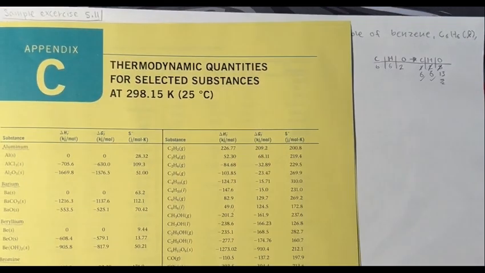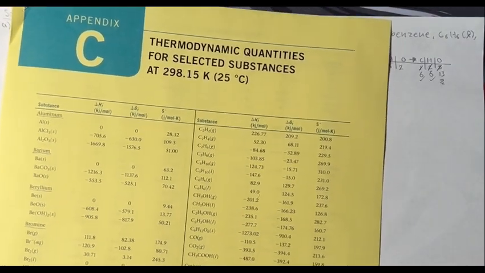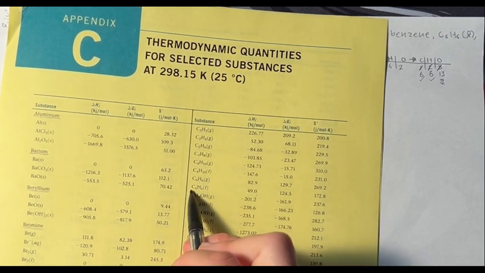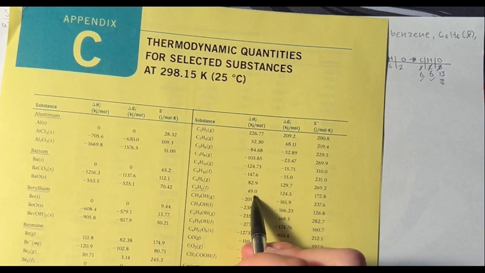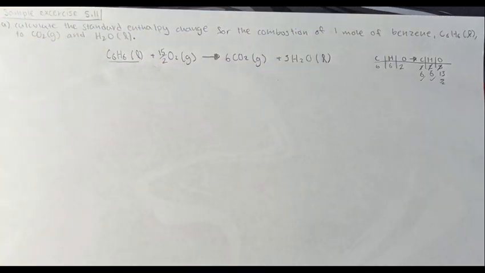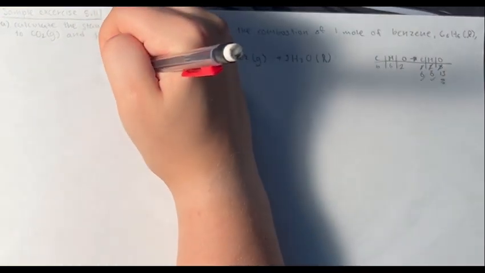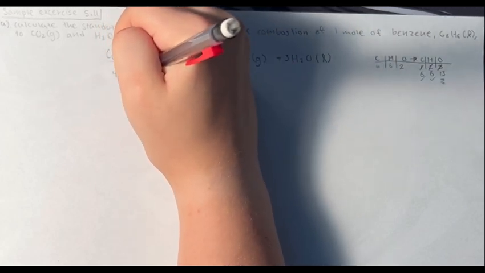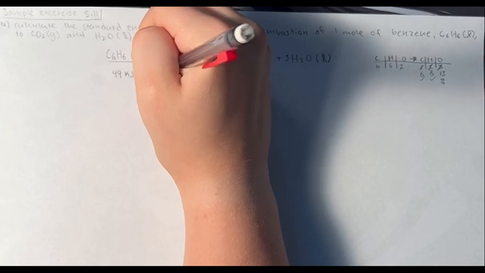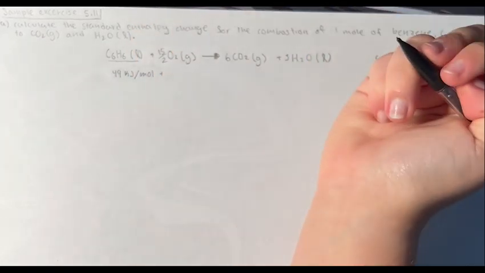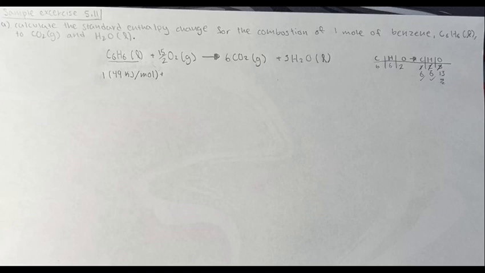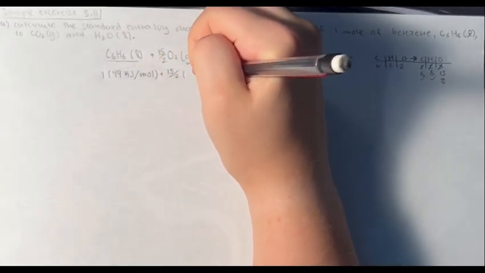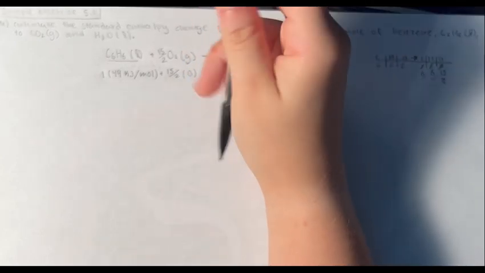Now we're going to go ahead and use our appendix C to find the standard enthalpy of formation values. Always make sure that you're recording the correct value for the state, because sometimes there will be more than one state for the same exact compound. Since we're already using the most stable form of oxygen, the standard enthalpy of formation is going to be 0.